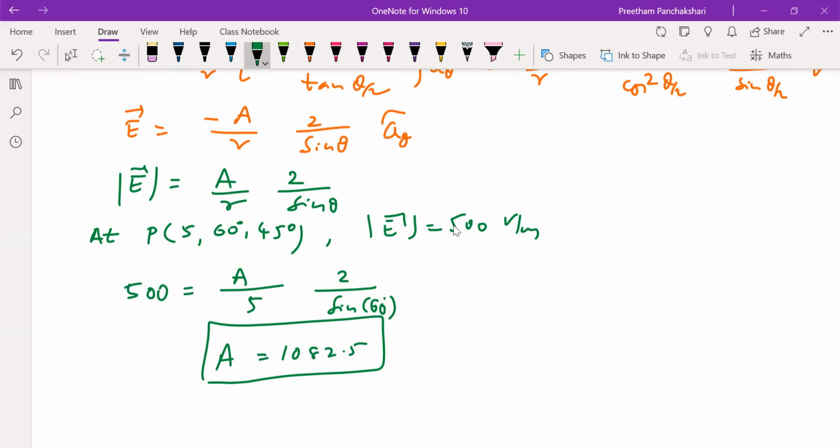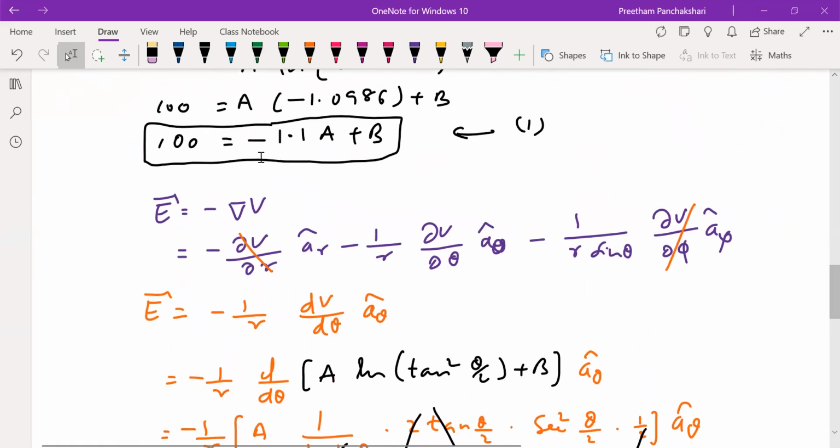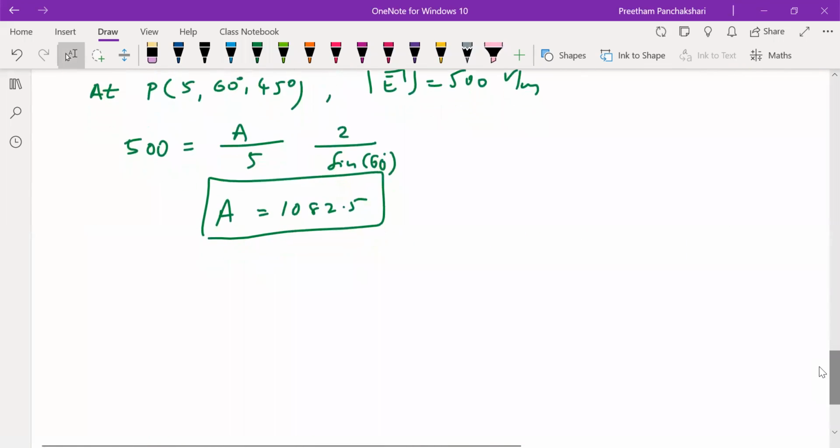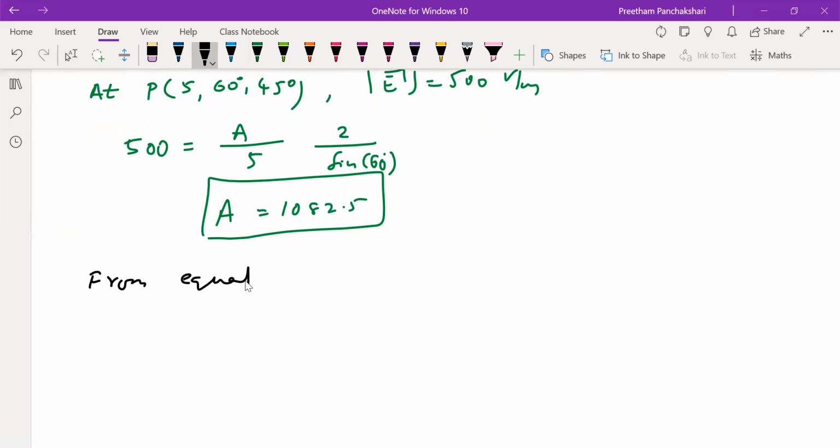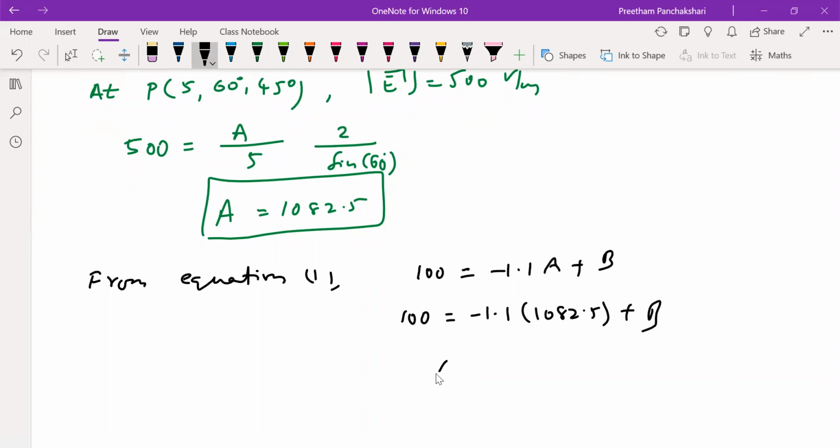So A is ready. To find B, we have equation number 1, that is 100 equal to minus 1.1 A plus B. From this relation, we can find B. So 100 is equal to minus 1.1 times A, which is 1082.5, plus B. So B can be calculated as 1290.75.